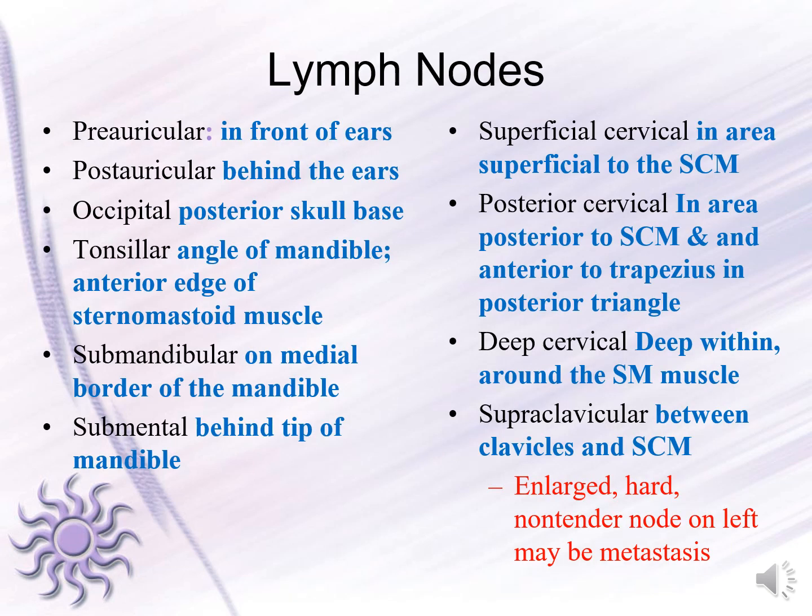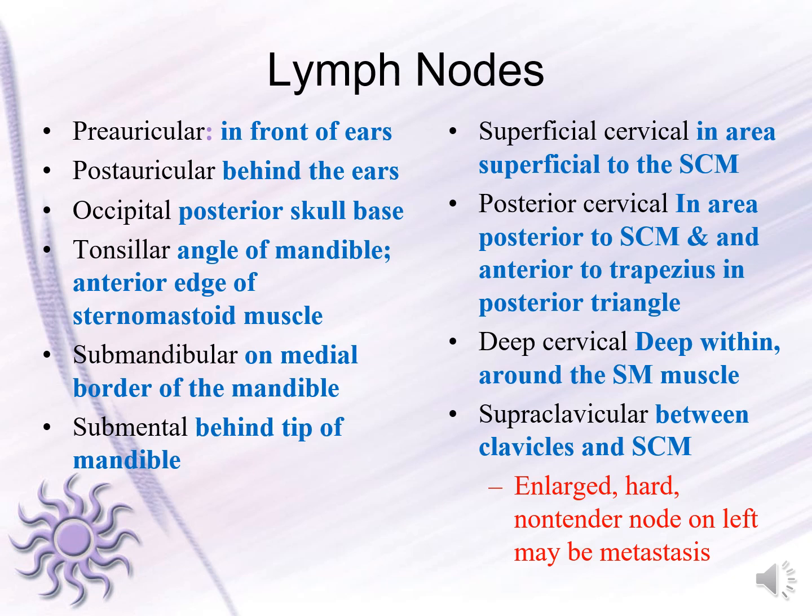Here are the lymph nodes you're going to want to be able to remember: preauricular, postauricular, occipital in the back, tonsillar, submandibular, submental, superficial cervical, posterior cervical, and deep cervical. Those are all around the sternocleidomastoid and the trapezius. And then supraclavicular is between the clavicles and the sternocleidomastoid.